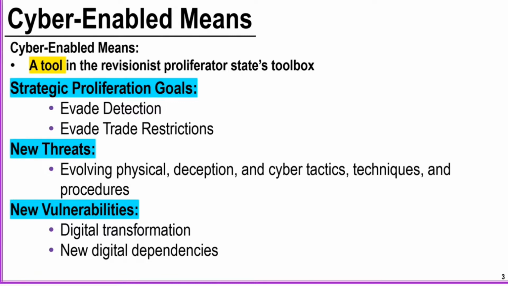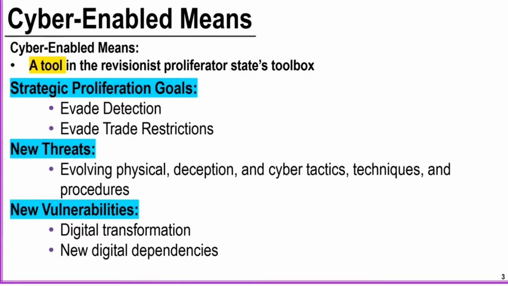However, these advancements provide cyber-enabled means to revisionist proliferator states and their agents. Cyber-enabled means serve as a tool for the revisionist proliferator states to evade detection and evade trade restrictions, which are some of their goals.